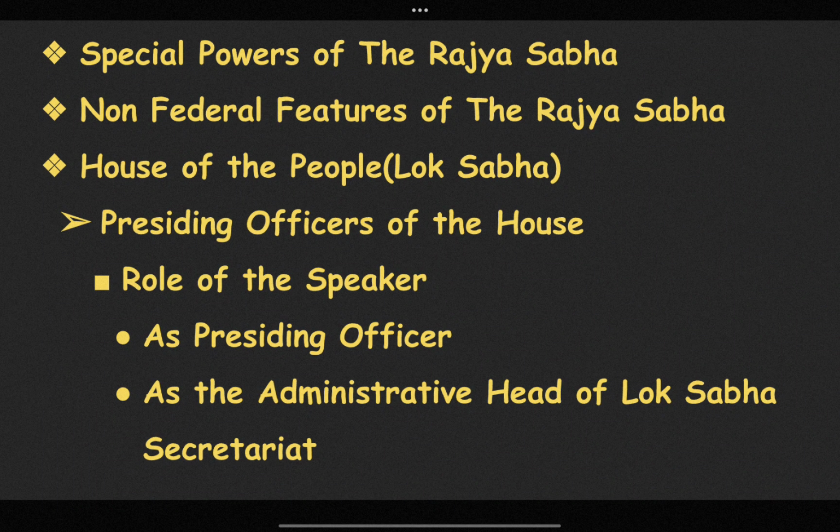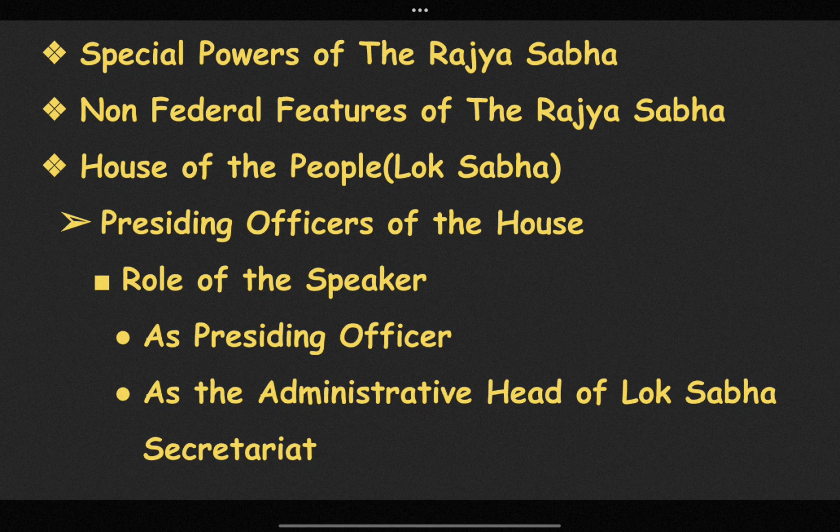The Speaker shall not vacate his office whenever the House of the People or the Lok Sabha is dissolved, until immediately before the first meeting of the House of the People after the dissolution. In the British House of Commons, once a Speaker, always a Speaker. When he resigns from the political party, then only he can become the Speaker.